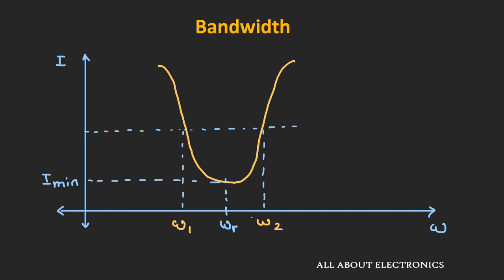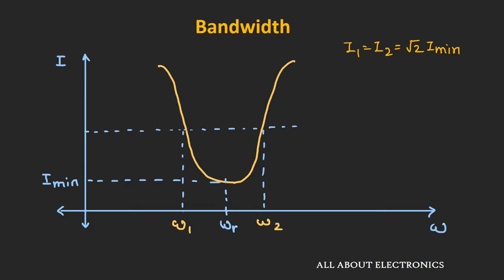Now this bandwidth is defined as the difference between the 3 dB frequencies. If you see the curve of a parallel RLC circuit, at resonant frequency the value of current is minimum. So to get the 3 dB points, we will consider the 2 points where the value of power is doubled compared to the resonant frequency, or in terms of the current, where the value of current is √2 times the minimum value.